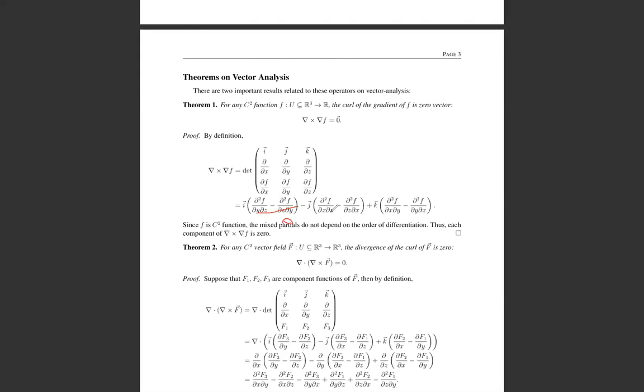Same thing here. Partial x partial z is the same as partial z partial x. This is also gone, becomes 0. This is also 0. So the result becomes a zero vector: 0, 0, 0.